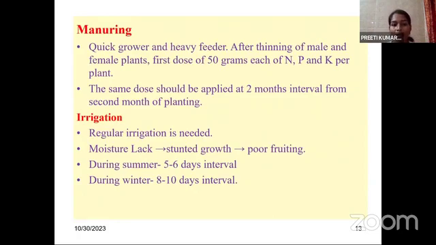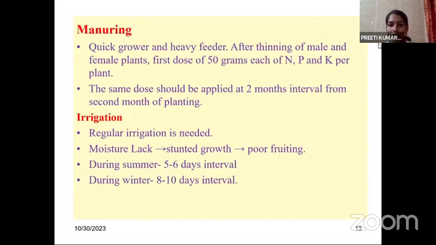The main important thing is irrigation and manuring. So what are the things needed for manuring? Papaya is a quick grower and heavy feeder. After thinning of male and female plants, the first dose is 50 gram each of NPK per plant. So N is 50 gram, P is 50 gram, and K is also 50 gram.